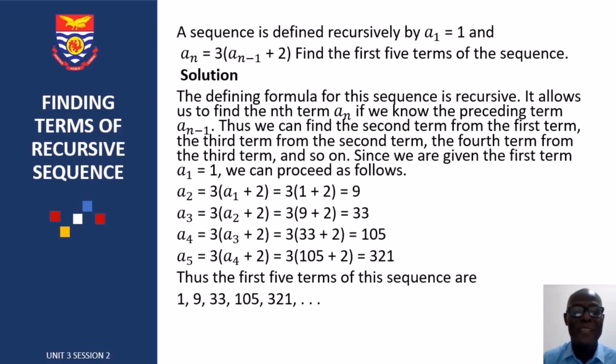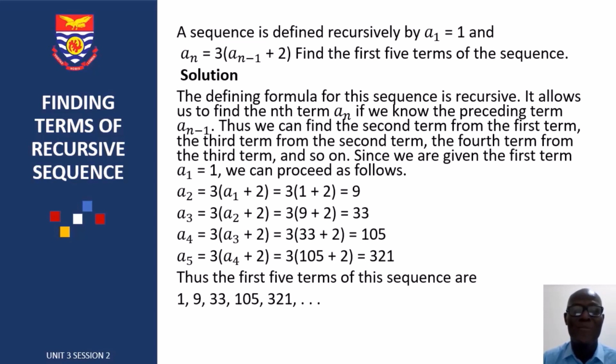To find the fifth term, we put 5 in place of n. Hence, we have a subscript 5 is equal to 3 times (a subscript 5 minus 1, which is a subscript 4, plus 2). But we know a subscript 4 to be 105. So this equals 3 times (105 plus 2).